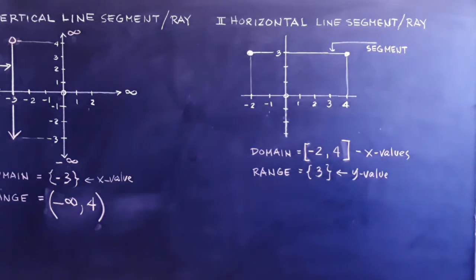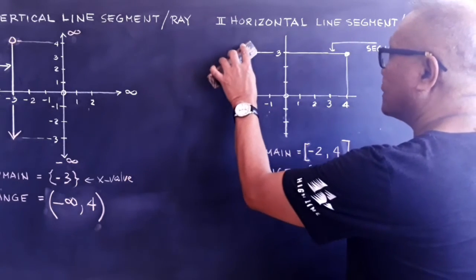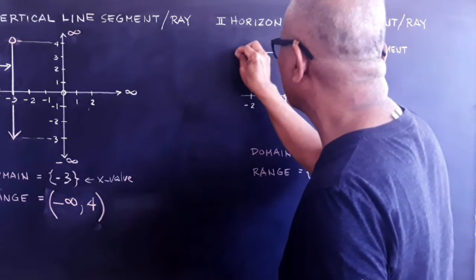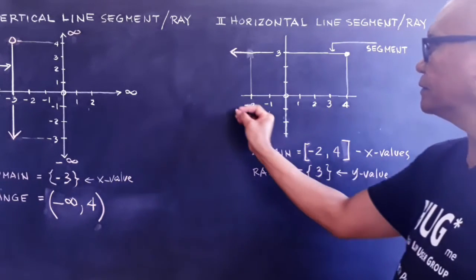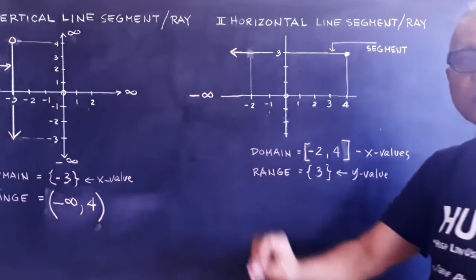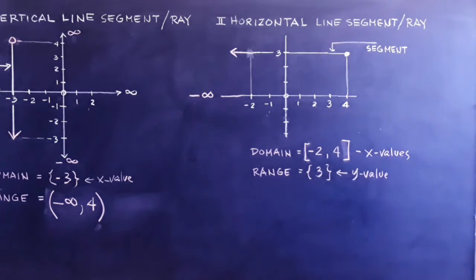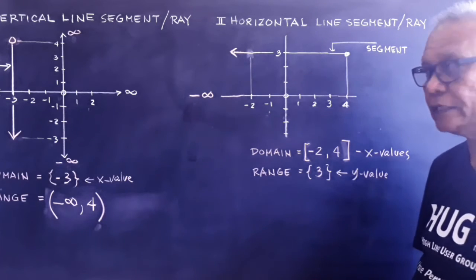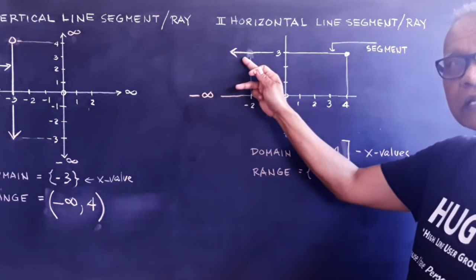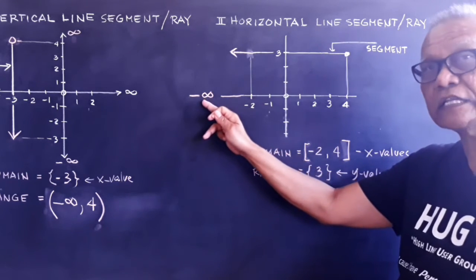Okay. What if we have an arrow? Let's have an arrow here, meaning it is continuously going in that direction. Here, class, we should write negative infinity because our line is going to the left forever. Now let's have the domain. Even though this one is going to the left, we will first write the negative infinity.